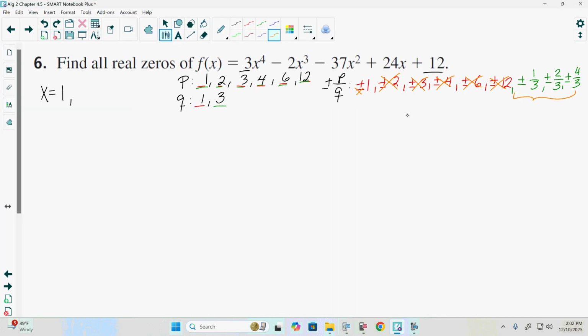Which one of our remaining rational zeros is between -3 and -4, or 3 and 4? 4/3 is what? 1 and 1/3, yes? Well, none of these are near those 2 spots, are they? No, they're too far away. So those 2 are not rational zeros. They're going to most likely be irrational. They're not complex.